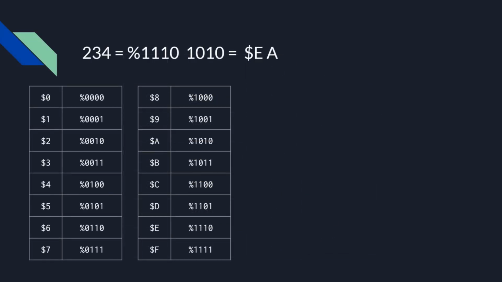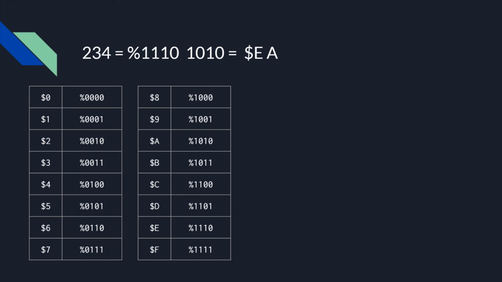Now, let's take 234 as an example. Earlier we found that this equals binary 11101010. Let's split this number into parts. Taking the top part, we get 1110.